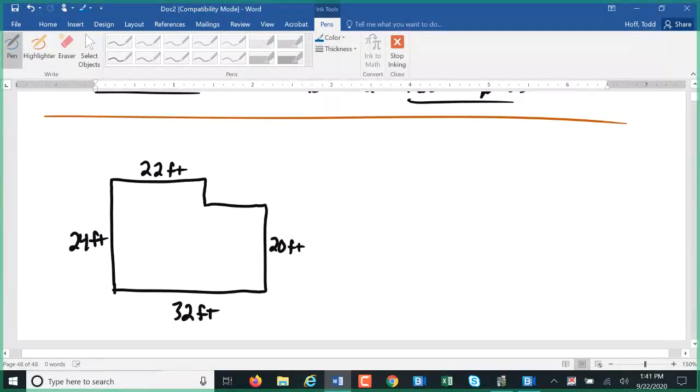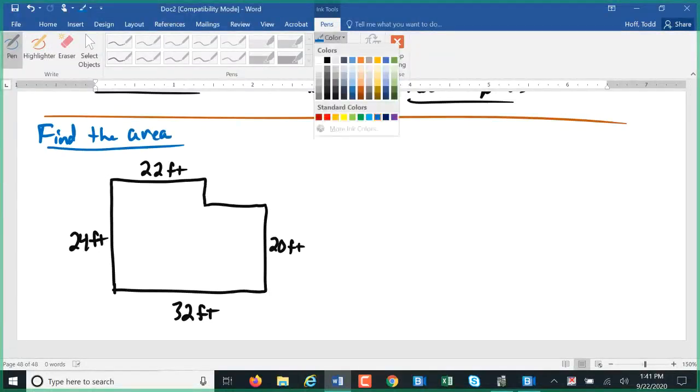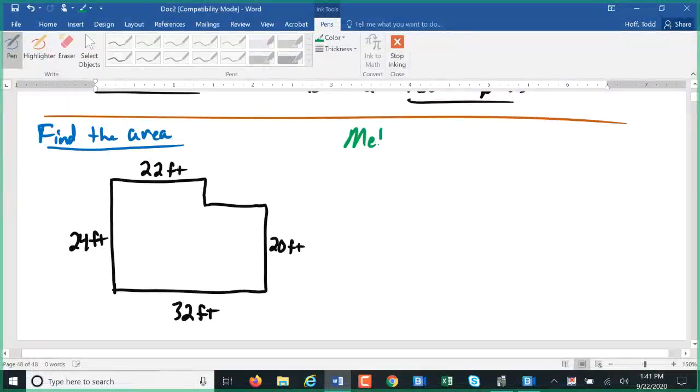If I ask you to find the area of this, there are 2 different strategies you could use. Method 1 is to cut it apart and then add the pieces back together.